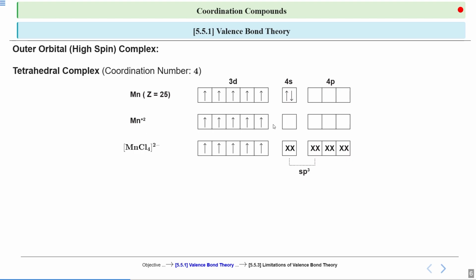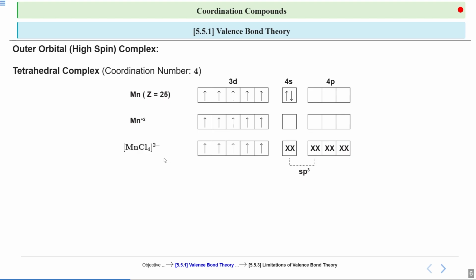Now manganese 2+ has 3d5 configuration, where 5 unpaired electrons are present, and there is 4s0 and 4p0. So for this complex MnCl4 2-, we got this 3d5, 4s0 and 4p0. For this complex we know that chloride ion is present as a ligand.